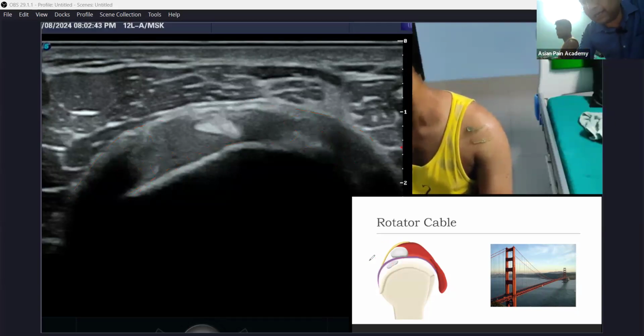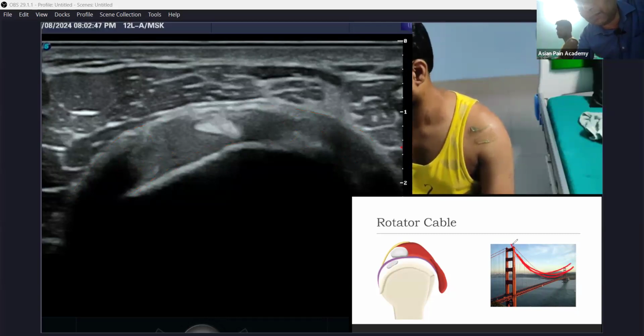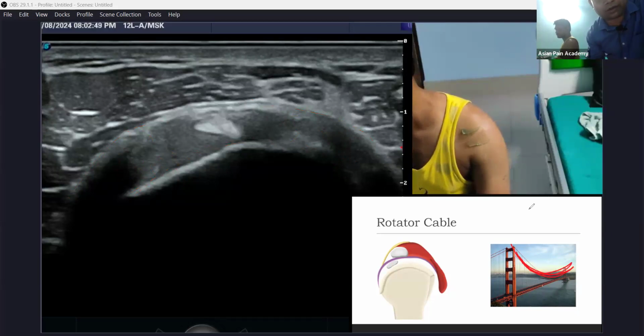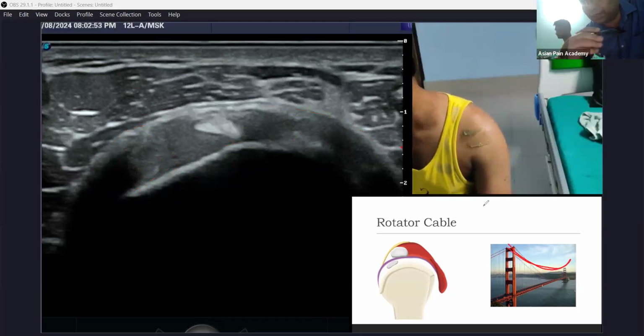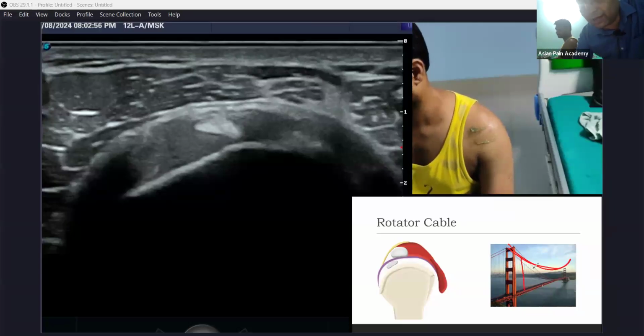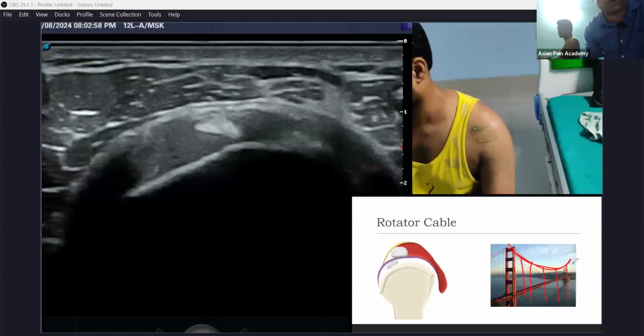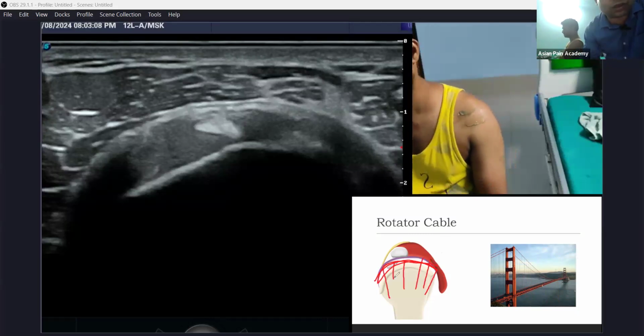You can compare it with a cable bridge. From one side to another side, cables are going, but there are some cables which go perpendicularly so that this tendon remains straight. So here also there is one rotator cable which brings the tendons towards the bone.